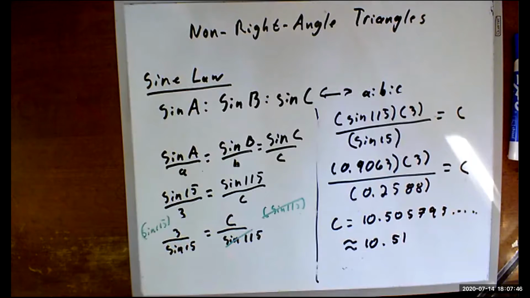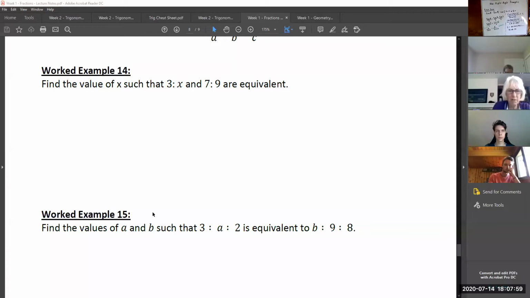Okay, so this is again a ratio question. Sorry, let me come back here and share this so people can see what we're looking at first. Is this the example you'd like me to go through one more time, just to be clear?